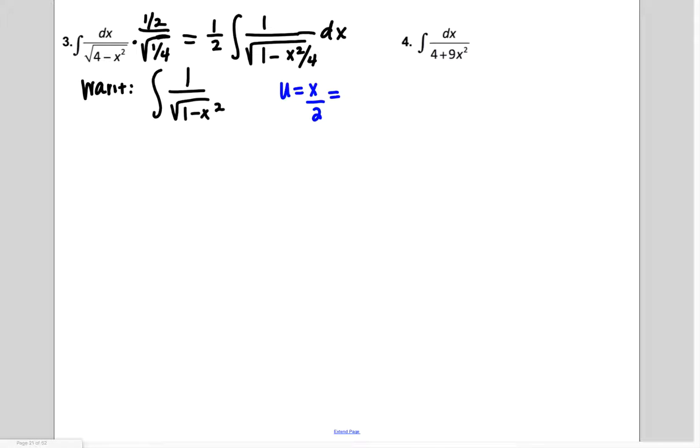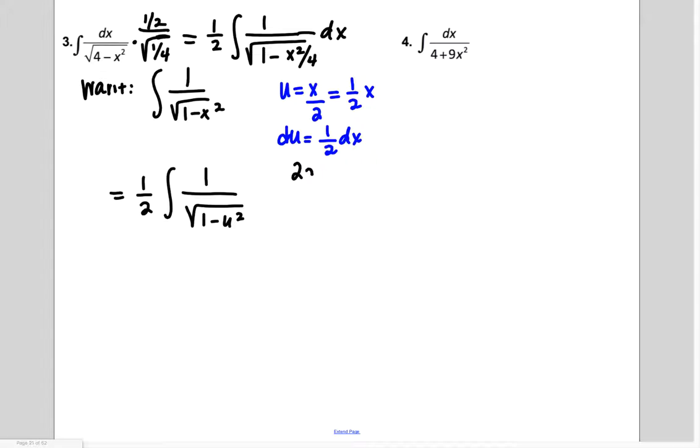All right, now x over 2. Again, don't do quotient rule. This is 1/2 x, right? So du is going to be 1/2 dx. So we start replacing. I got my 1/2 from before. I got 1 over the square root of 1 minus u squared. I'm going to have my 2 from the du part.